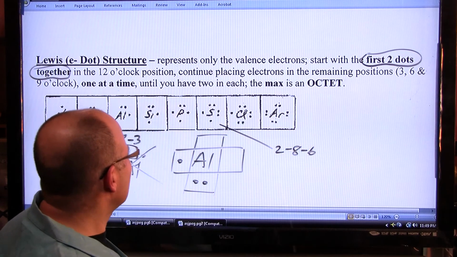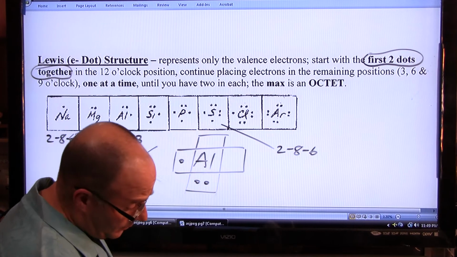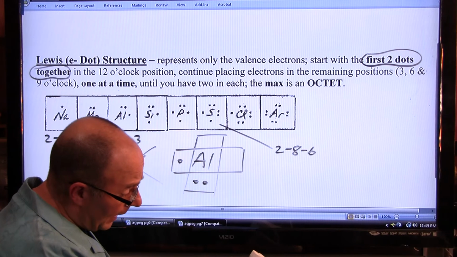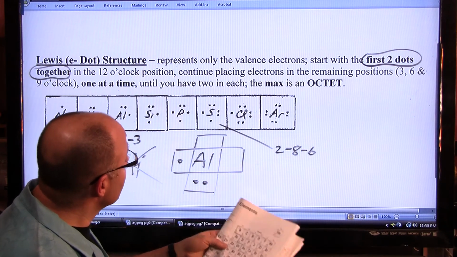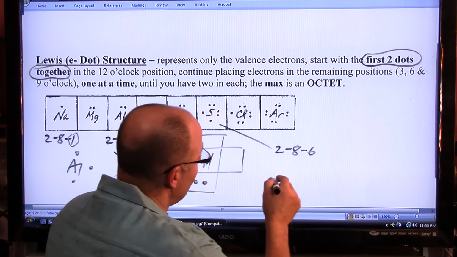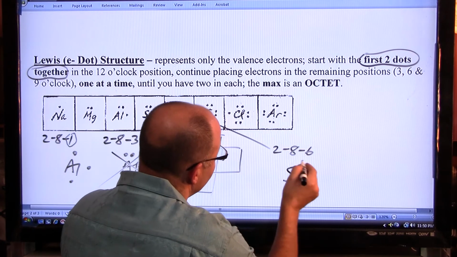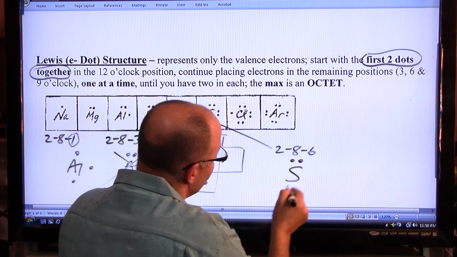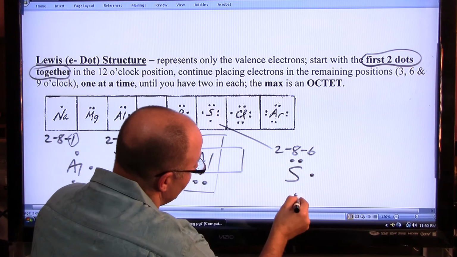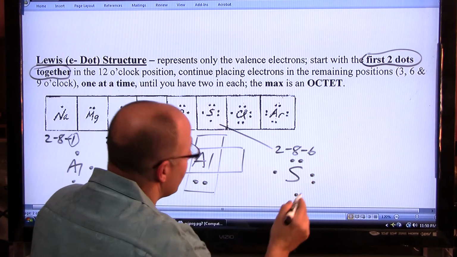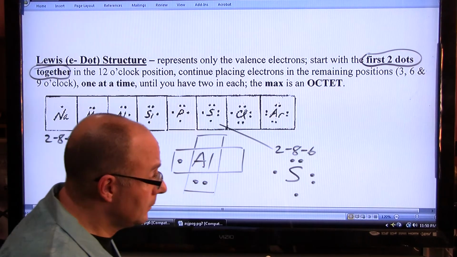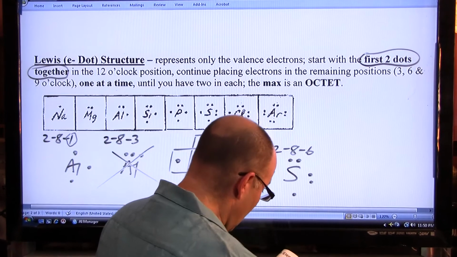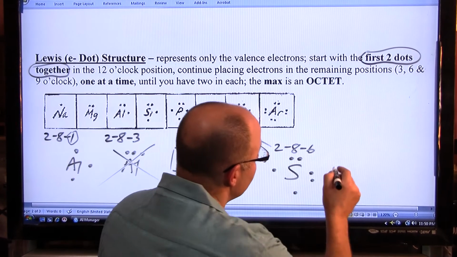And so sulfur, like oxygen for that matter, or any of the elements in group 16, has 6 valence electrons. So the way we worked that up is we did sulfur. We said 1, 2, 3, 4, 5, 6. In fact, if you did oxygen, it would be the same thing. Oxygen is just 2, 6.